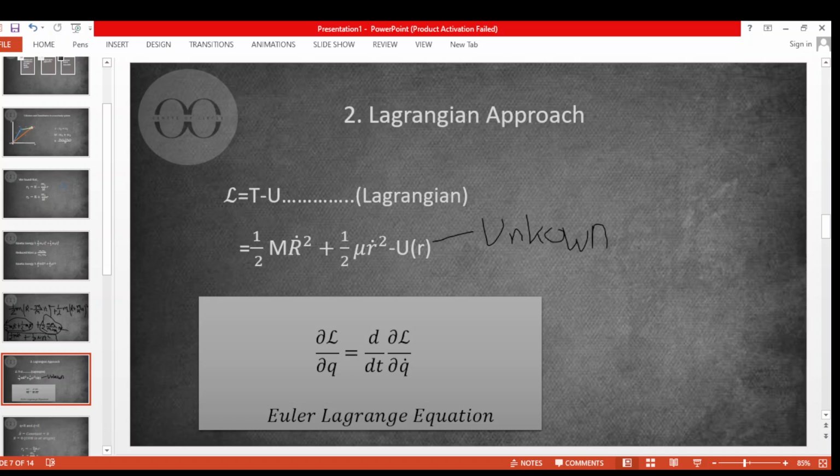So we denoted it with some function of r, U of r, and then we solved our Euler-Lagrange equation, where we took the variable q as the center of mass position vector R and q dot as R dot.